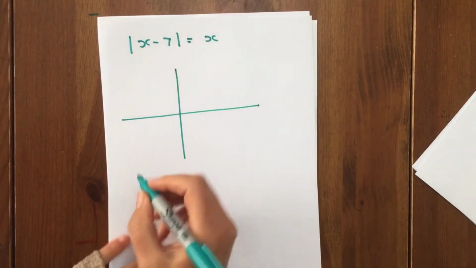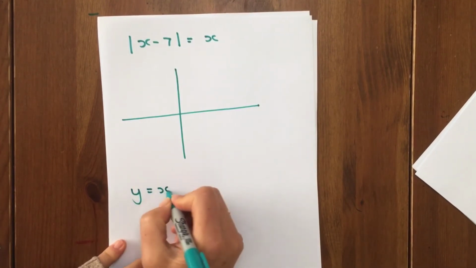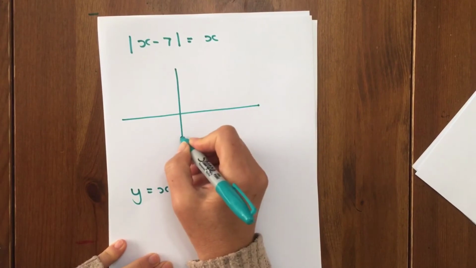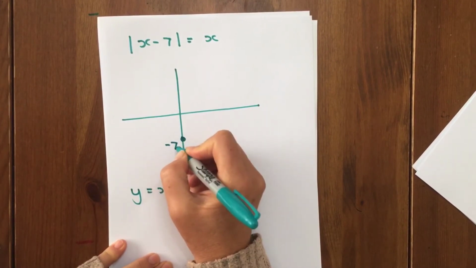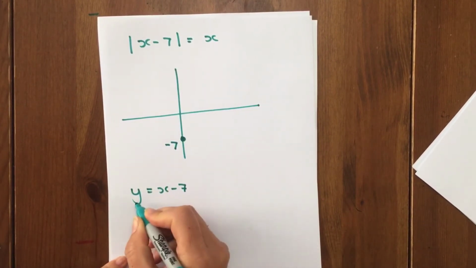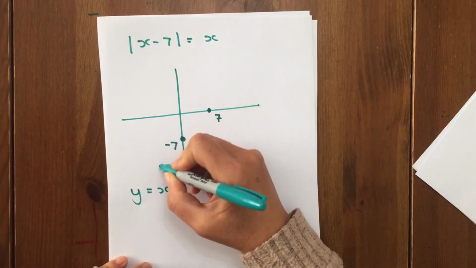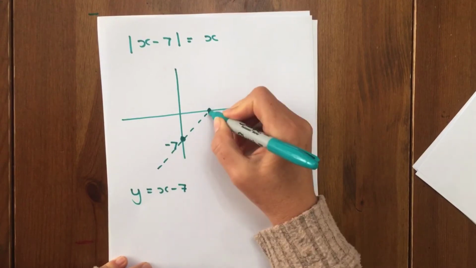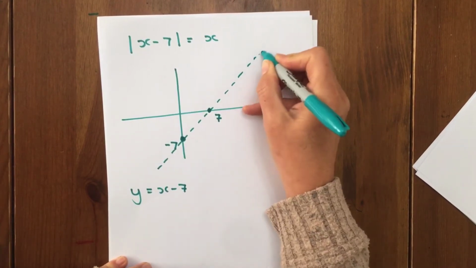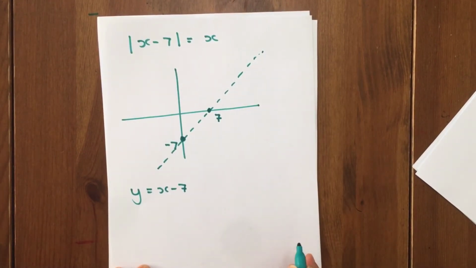So let's look at plotting y equals x minus 7. It will go through negative 7, and when y is 0, it will go through plus 7. So I'm just going to do a dotted line to begin with. So that's my line y equals x minus 7.